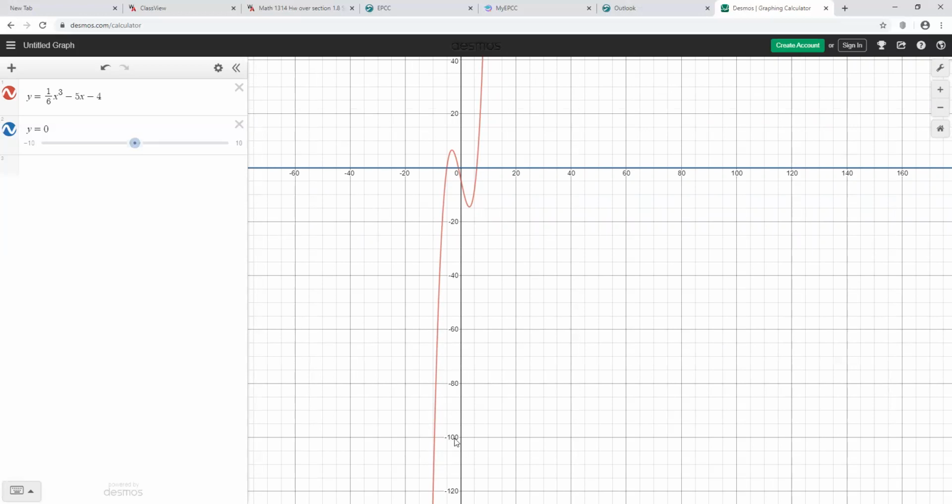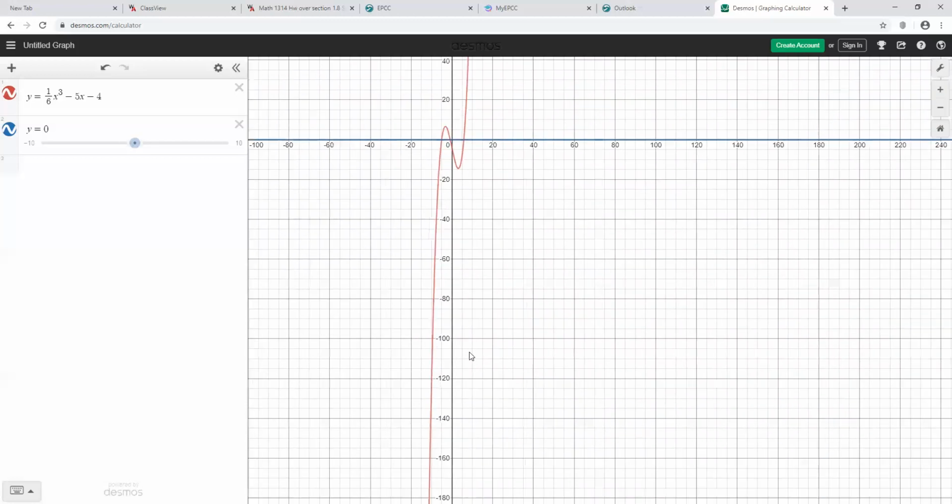Even though negative 100 to negative 120 is quite a ways down on the x-axis, it's nothing compared to forever, is it? Correct. So it kind of depends on our perspective. Even negative 60, it looks like it's going to take a long, long time for this graph to come over to here, but eventually it will.